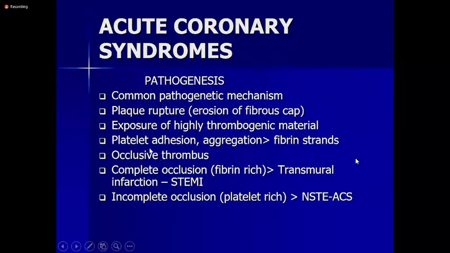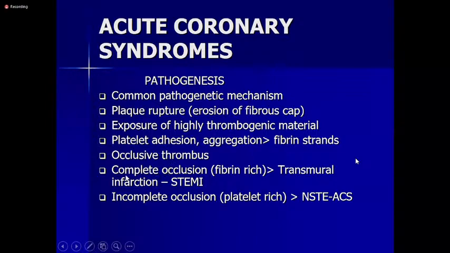So it leads to platelet adhesion and aggregation, and then there is deposition of fibrin strands. Essentially, it means a clot forms there. And this clot then causes obstruction, further obstruction of the coronary artery.